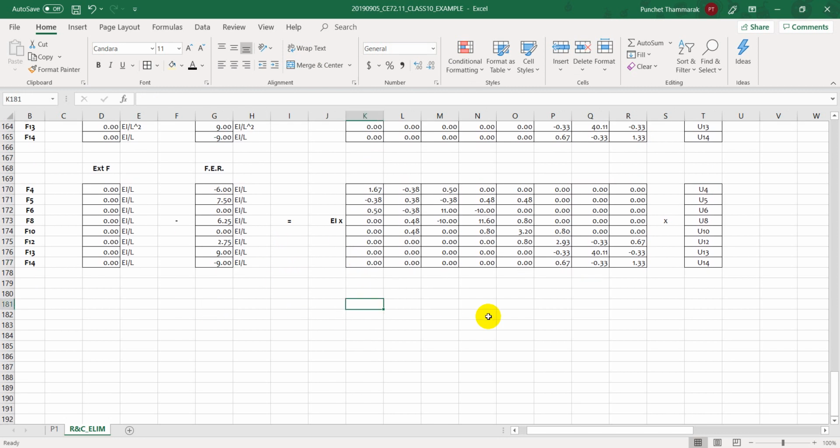Basically, I try to make this for you. EI over L cube, EI over L square, EI over L. Just to make it easy for you to visualize what is going to be done in here. I don't put the number in front of this EI. I just want to show you.